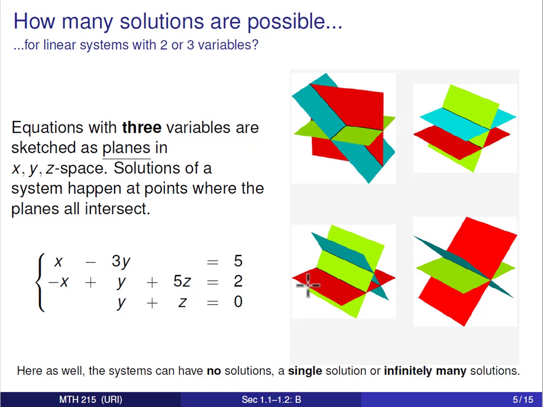There's no single point that lies on all three planes at the same time, and so that would correspond to there being no solution to a system like that. And some systems, we were told, correspond to three planes having an intersection with actually infinitely many points. All three planes pass through this line I'm tracing out. There are infinitely many points on that line, and so there would be infinitely many solutions to a system whose graph looked like three planes arranged like this.